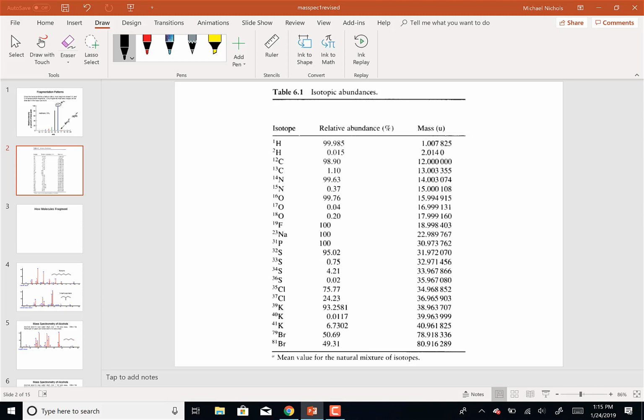For instance, if you're going to grow something in a petri dish and you feed it carbon 13 enriched and nitrogen 15 enriched food, it'll incorporate the carbon 13 and nitrogen 15 into whatever it's making.